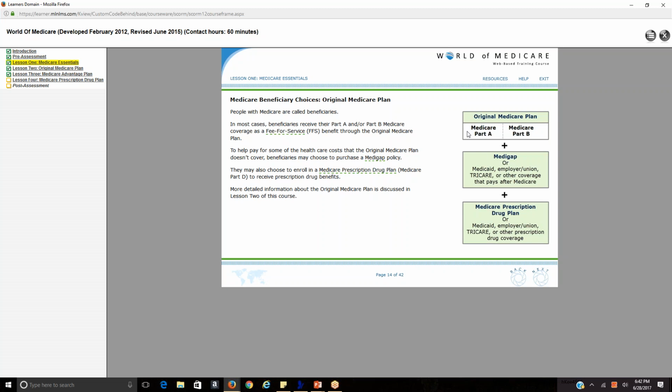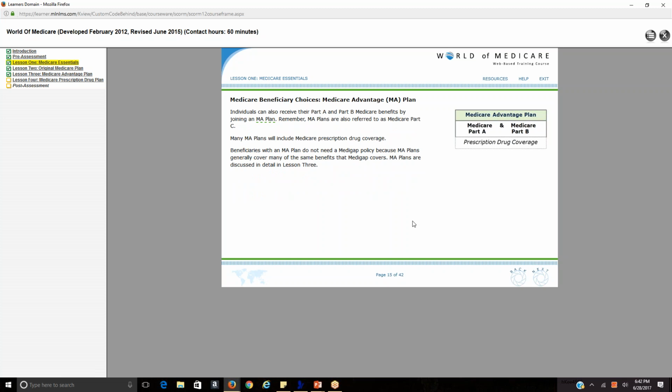So this is the first track that they can go if they decide to go with the original Medicare plan. Now, if they want to instead roll all of those plans into one, Medicare A, B, and prescription drug, they may choose to go with the Medicare Advantage plan, okay? Those are also referred to as Medicare Part C. Many of the plans will include Medicare prescription drug coverage.